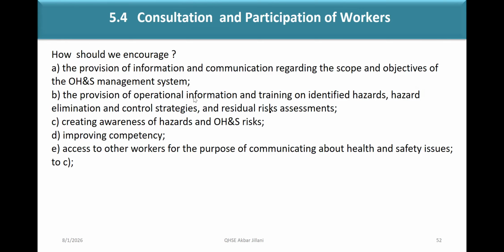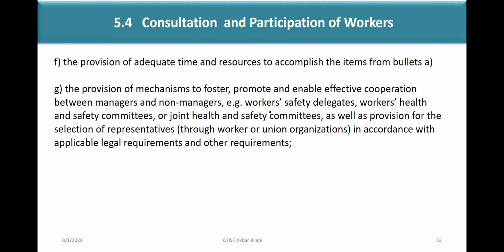The provision of operational information and training on identified hazard elimination and control strategies, and residual risk assessment, creating awareness of hazard and OHS risk, improving competency, and access to other workers for the purpose of communicating about health and safety issues. Now, the provision of adequate time and resources to accomplish the items.